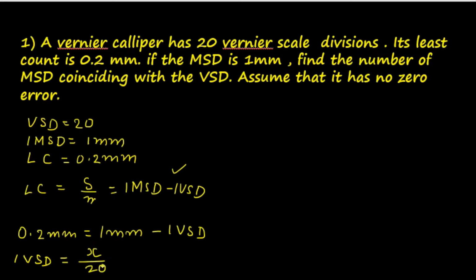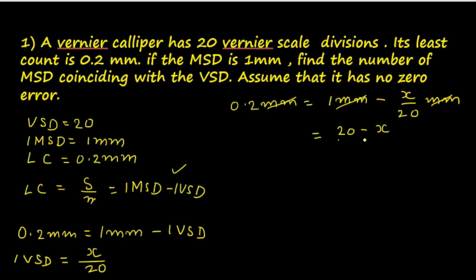So substituting this value in this equation, we will get least count 0.2 mm is equal to 1 main scale division, that is 1 mm minus X by 20 mm. This is 20 minus X by 20.